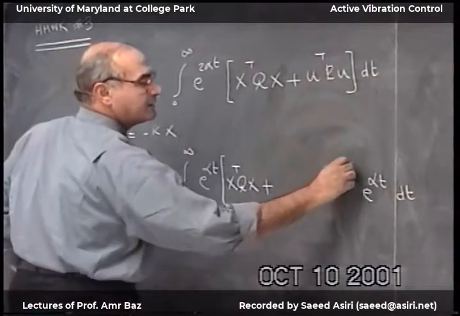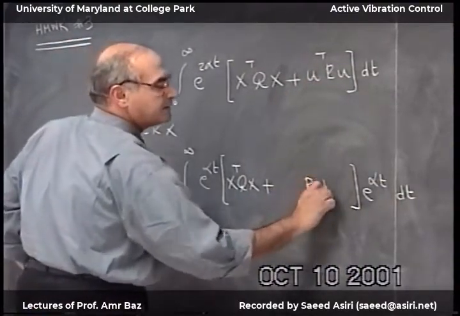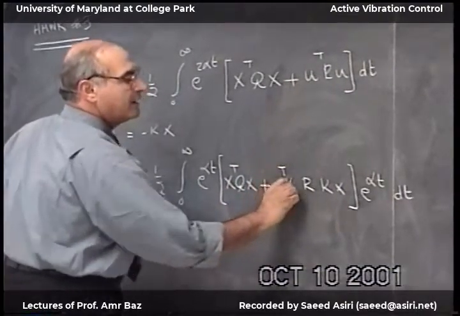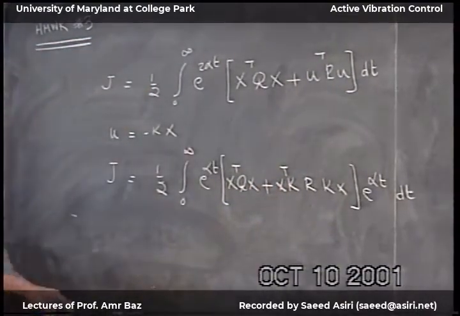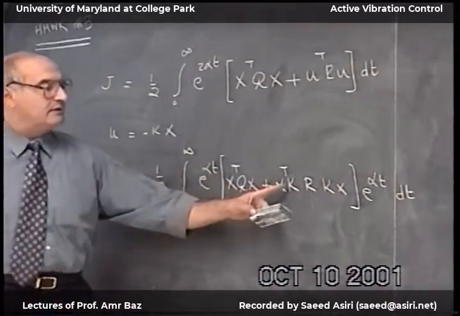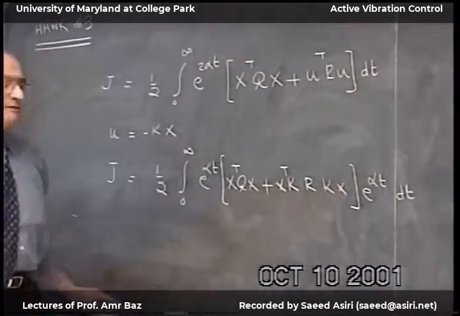This part is kx, this part will be x transpose and k. And accordingly I can factor out the x transpose this side and the x to this side.